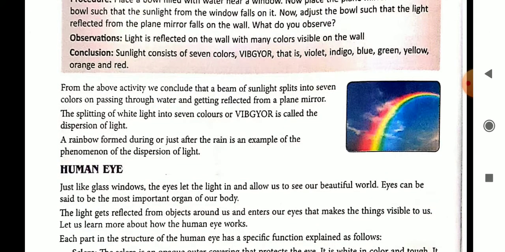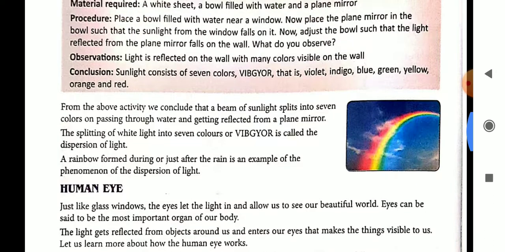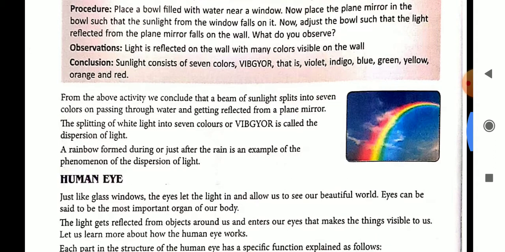So from the above, we conclude that a beam of sunlight splits into 7 colors after getting reflected from a plane mirror. And this splitting of white light is known as dispersion of light.